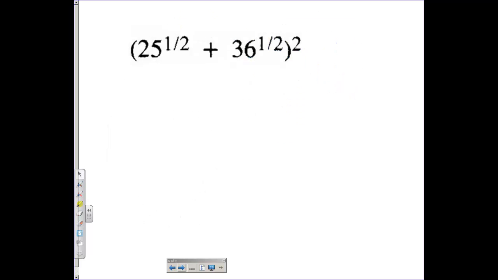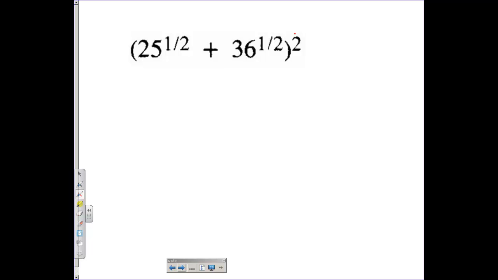Okay, for this example, we actually have numbers all the way through and not just variables. I know that some of you remember that when we have a power or an exponent on the outside, it normally means distribute. However, we cannot take an exponent and distribute it across an addition or a subtraction sign. So what we really have to do is simplify inside the parentheses first and then apply the exponent on the outside.